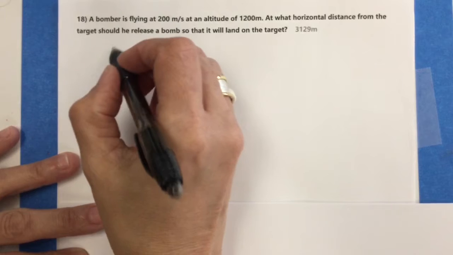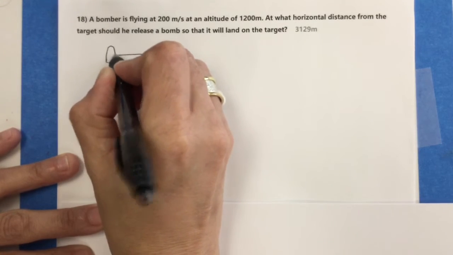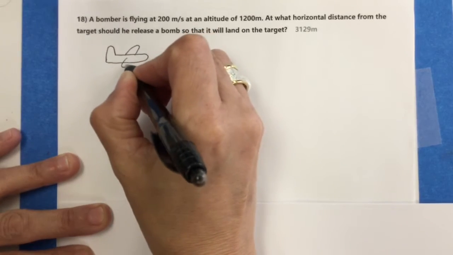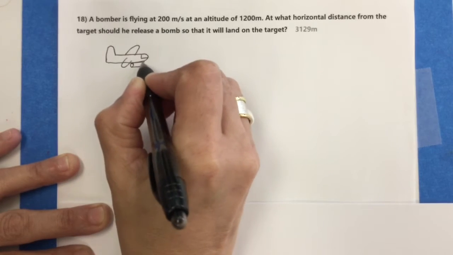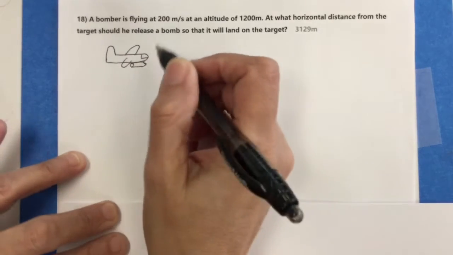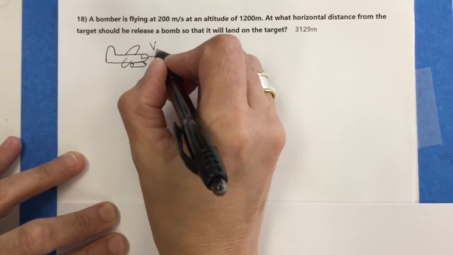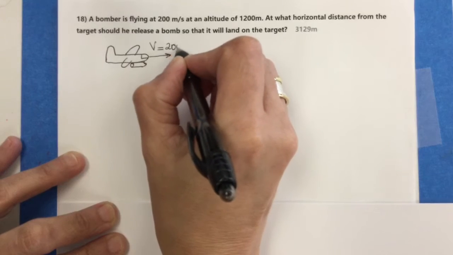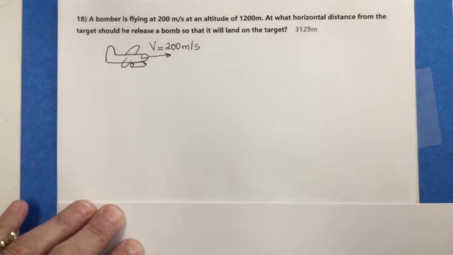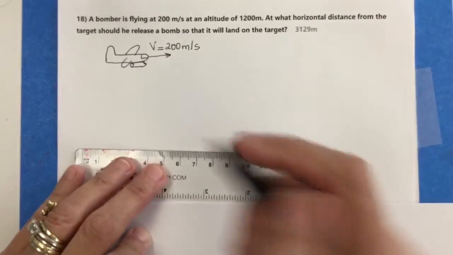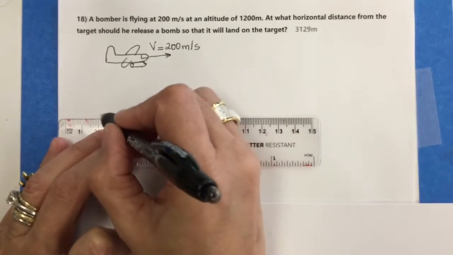So this is our airplane, and this is a bomb that is attached to it. So it's flying with a velocity of 200 meters per second, and it's saying that, let me make it a little bit smaller.